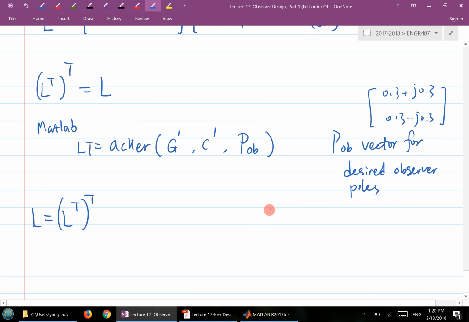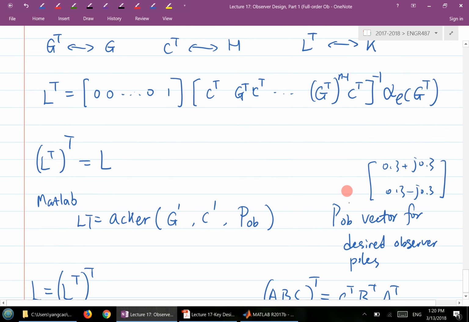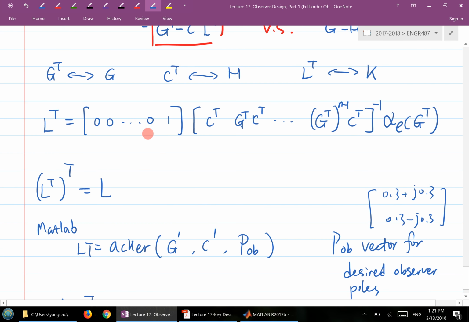There is a formula here. When you have A times B times C, transpose, that equals C transpose, B transpose, A transpose. So if you look at the Ackermann formula, L transpose equals A times B times C, so there are basically three big matrices here.